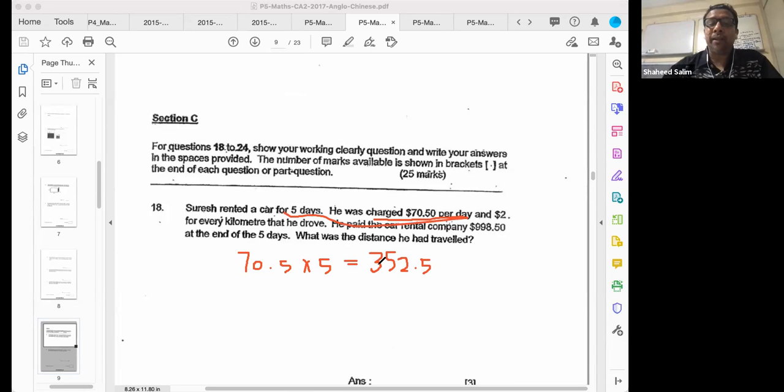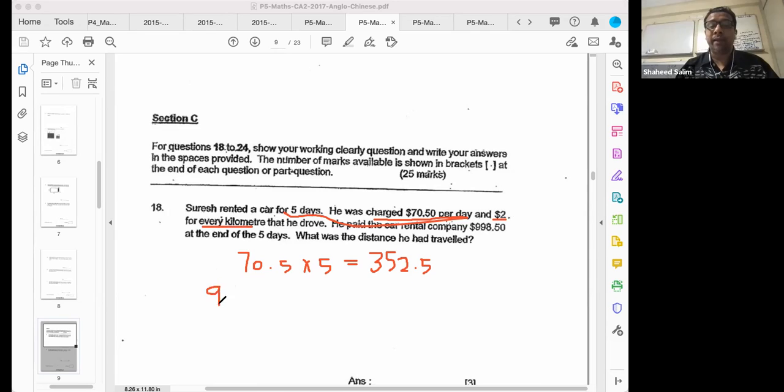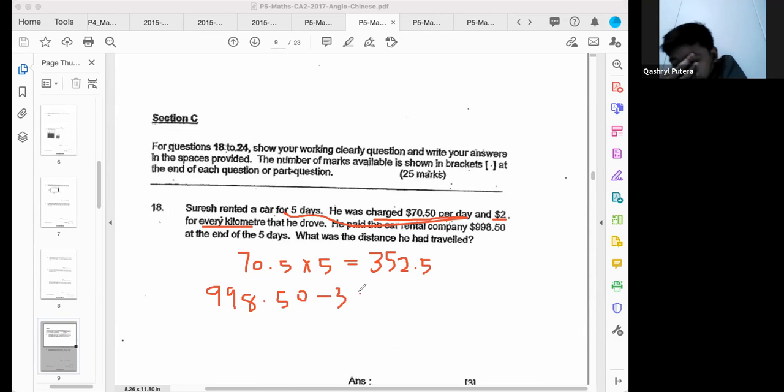So this company, you don't need only to pay for the rent per day. You must also pay for how many kilometers you travel, and they calculate $2 per kilometer. So let us first of all take 998, because this is what you paid, minus 352.5. What do you get?